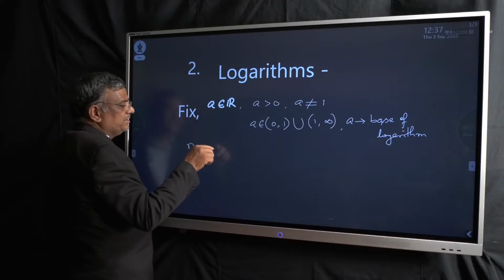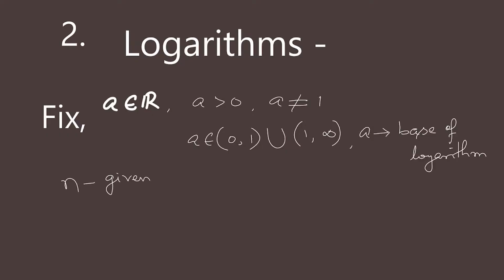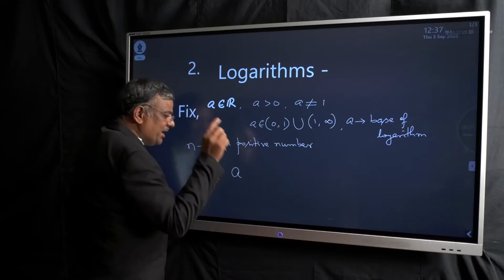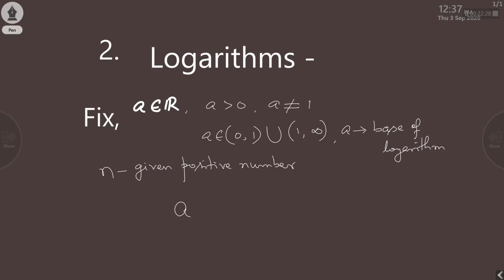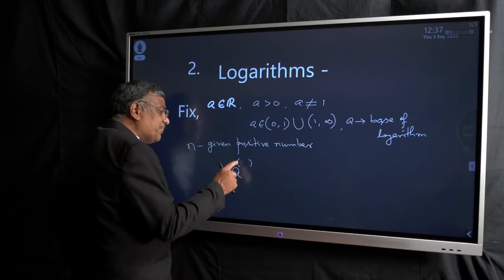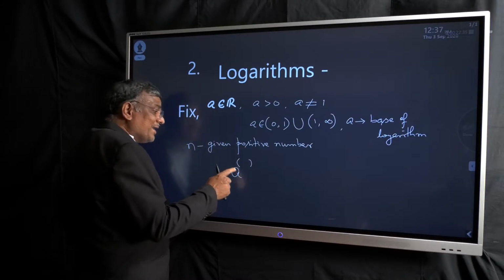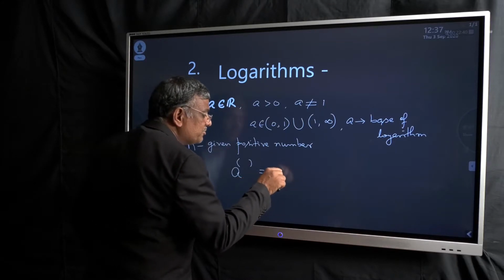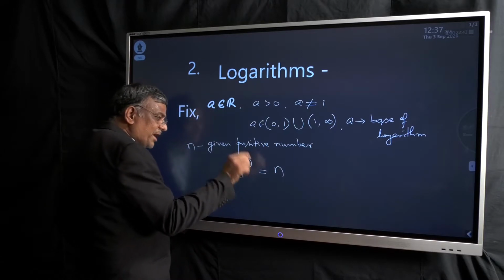Now N is a given positive number, right? Then you think about the exponent to which the base must be raised so that its value becomes N. What is this exponent?